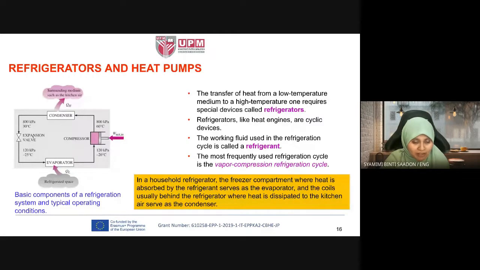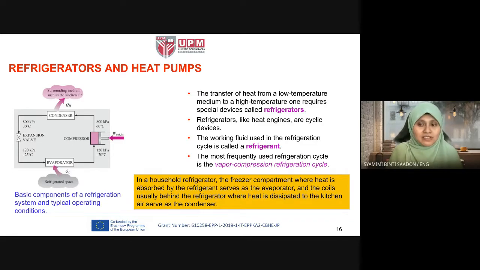But we still have an expansion process. We don't use a turbine, but it's still an expansion process. We decrease pressure and temperature, and we have a compressor to replace the pump, because we use air. The transfer of heat from a low temperature medium to a high temperature one requires a special device that we call a refrigerator, because the refrigerator works the opposite way.